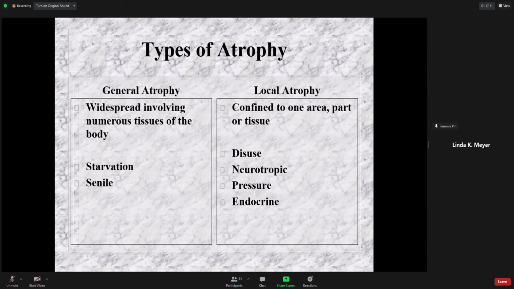And then under local, we're going to talk briefly about disuse, neurotropic, pressure, and endocrine atrophy. And then some applications that don't necessarily fit into these categories, but the term atrophy is applied.